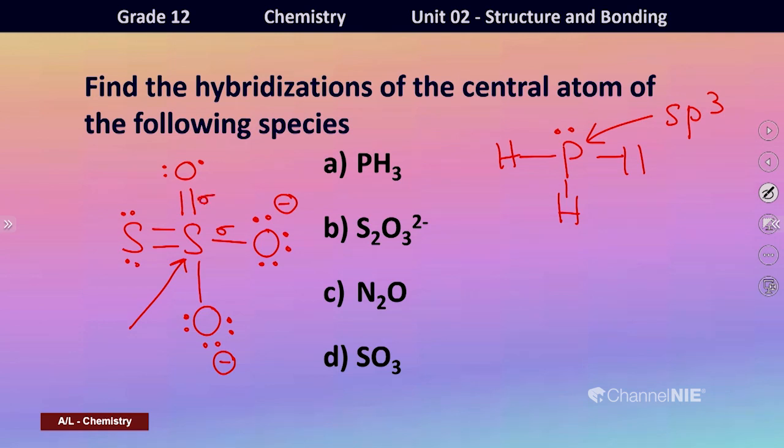Here sigma bond and pi bond, sigma bond and pi bond. There are 4 sigma bonds, no lone pairs, so 4 VSEPR pairs. So hybridization is sp3.